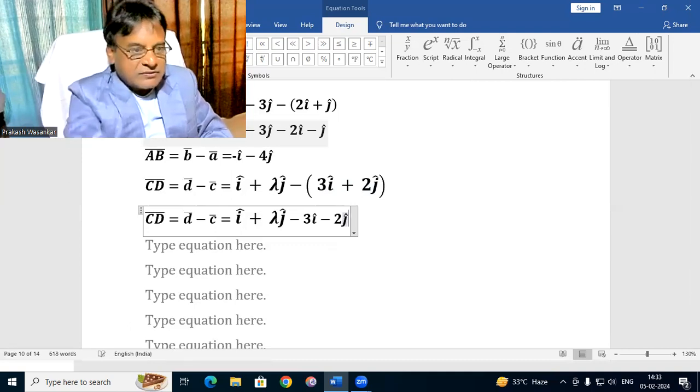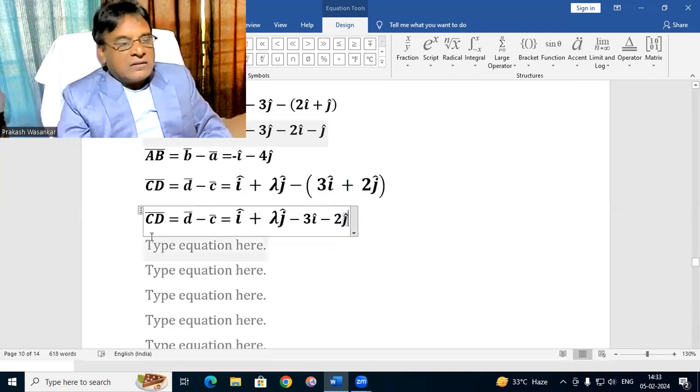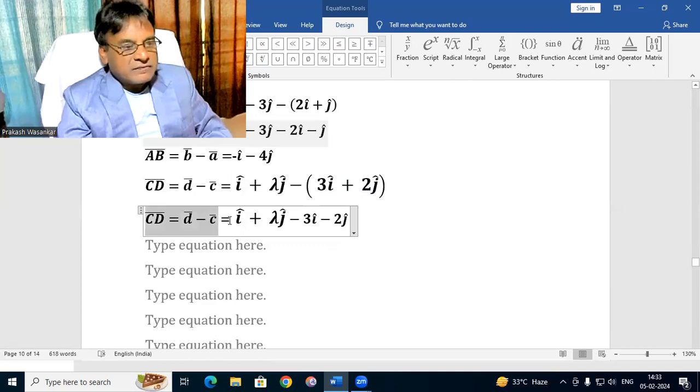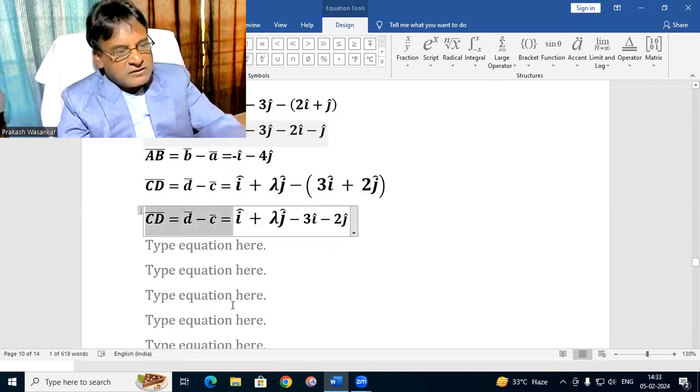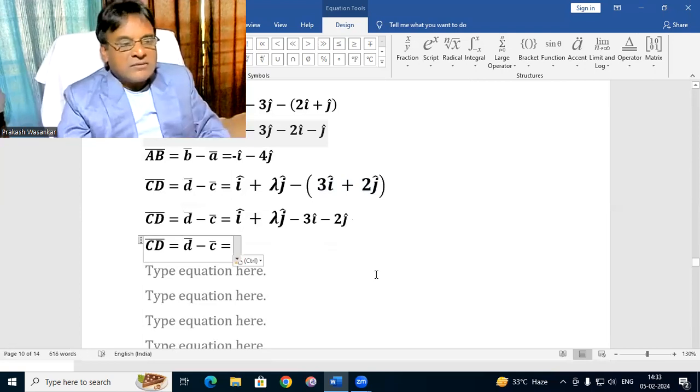Right here j. Therefore, here CD bar is equal to D bar minus C bar.